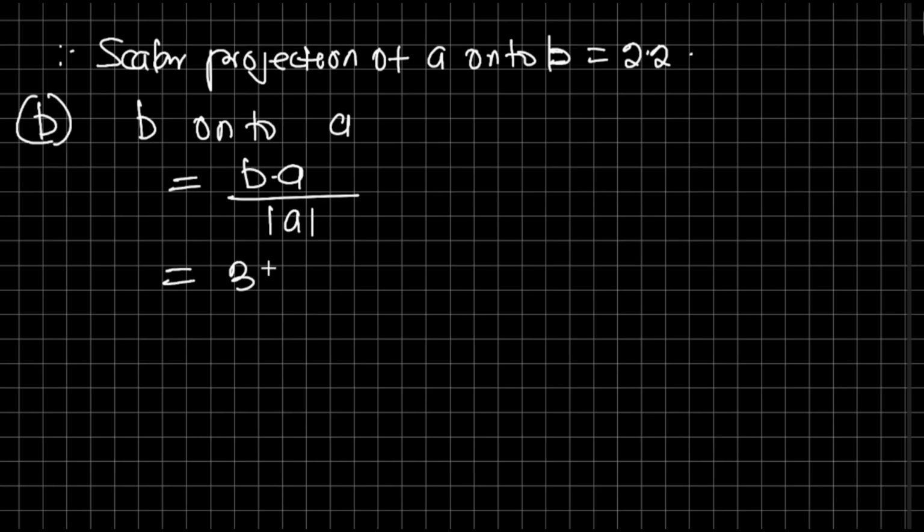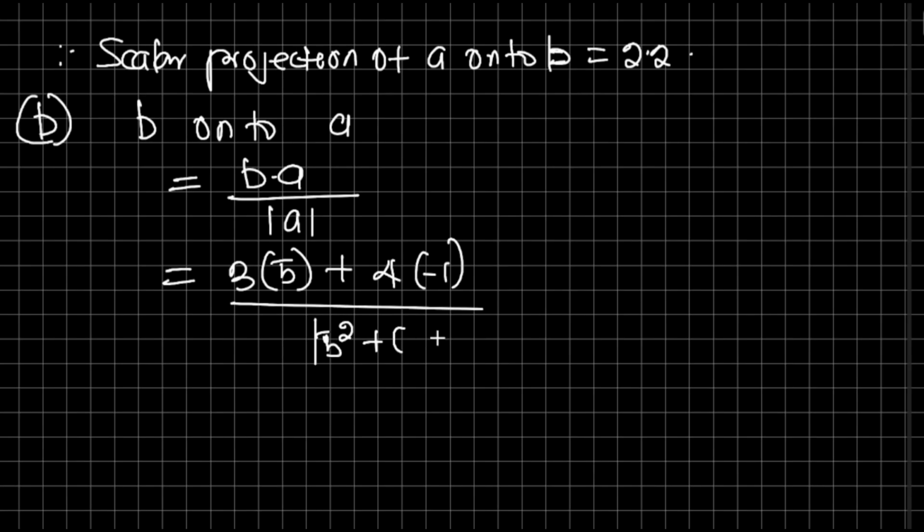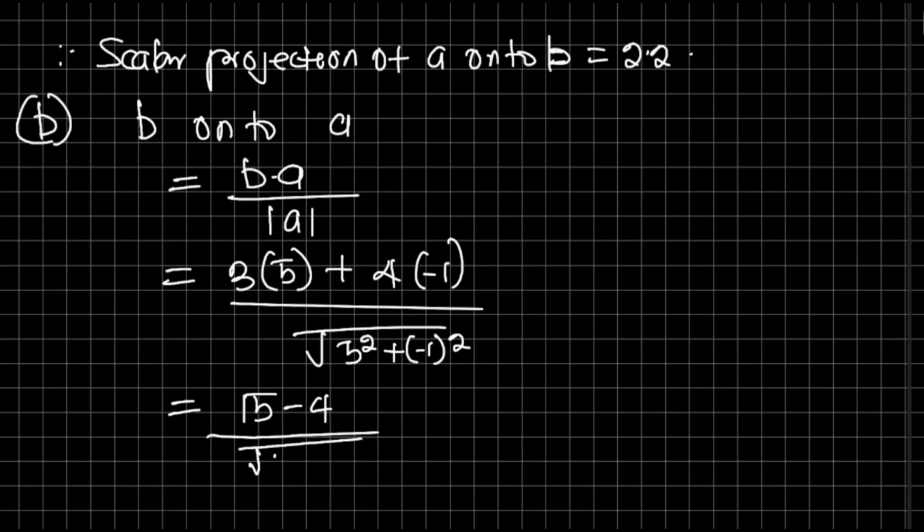So that would be 3 multiplied by 5 plus 4 multiplied by minus 1, all over the magnitude of A, that is the square root of 5 squared plus minus 1 squared, and that is equal to 15 minus 4 all over the square root of 25 minus 1.